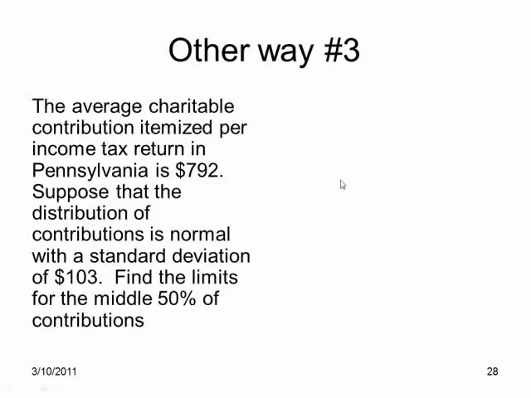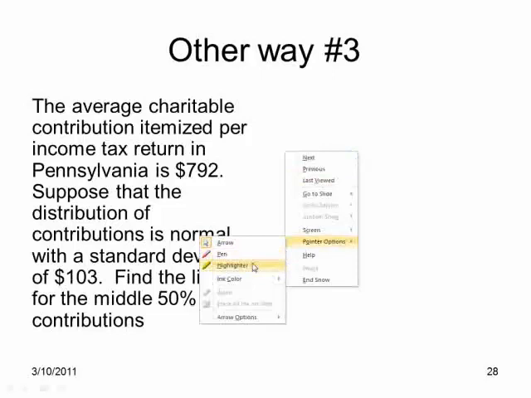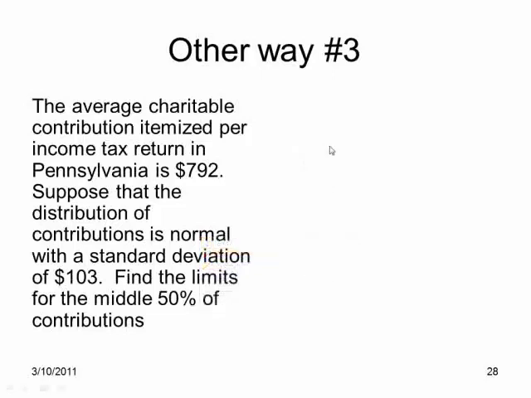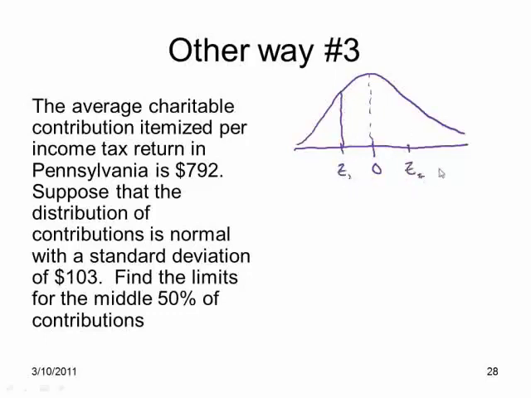So let's recall that we want to find the delimiting values for the middle 50%. So again, when we draw our normal curve, our standard normal, remember, is centered at 0. So to have the inner 50%, we're going to have a z-score of z1 and a z-score of z2. So we want this middle area right here.